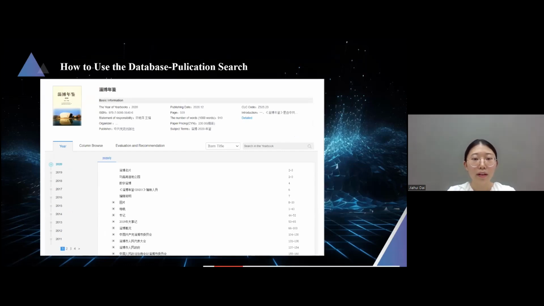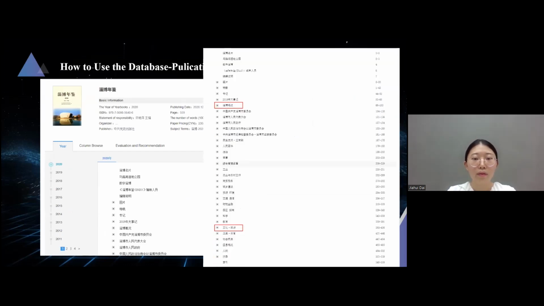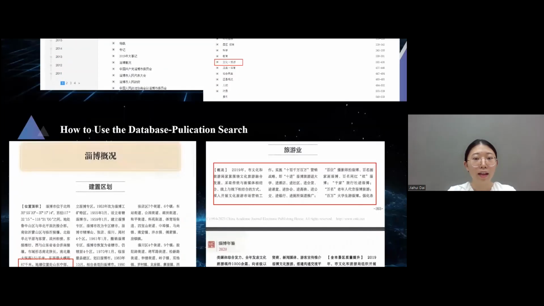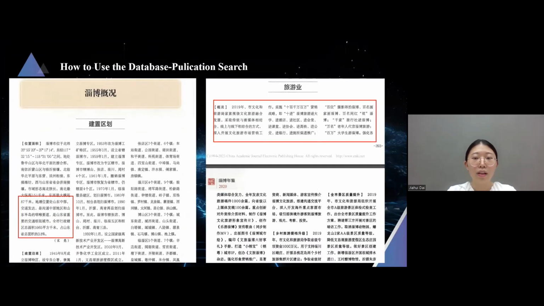By browsing the contents, we can learn about Zibo's industry, business services, culture, tourism, and other aspects in this yearbook. We can click to download the general information of Zibo and its tourism part. Then we can know the detailed information of Zibo.